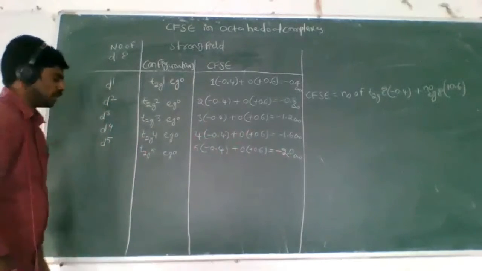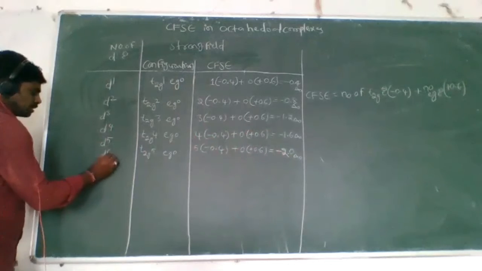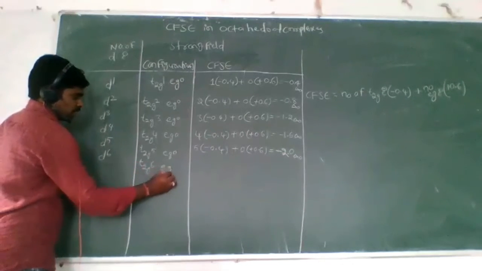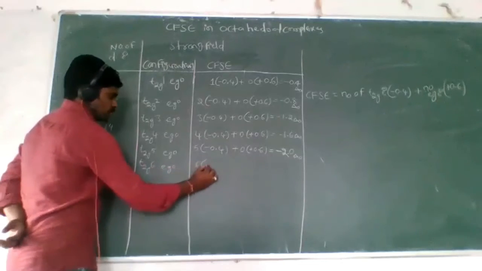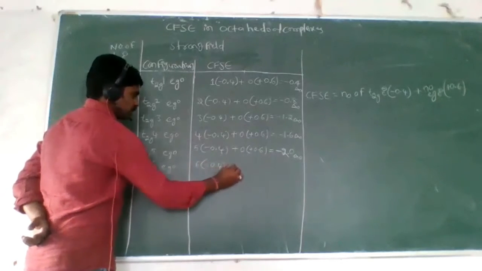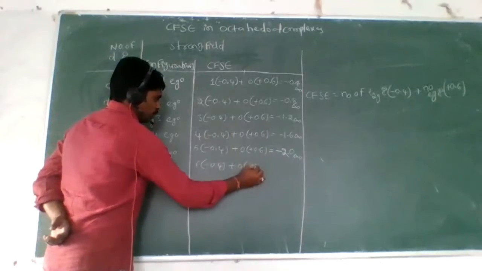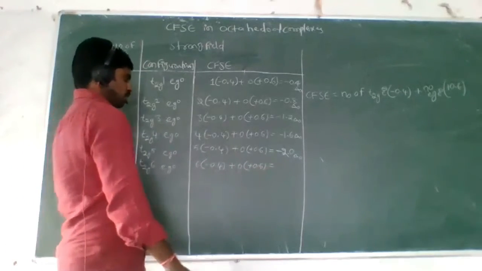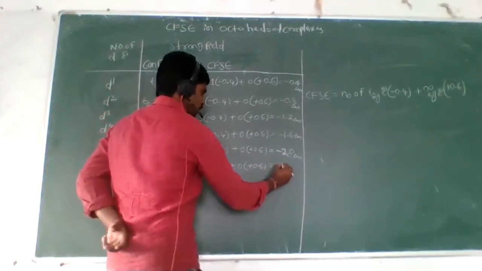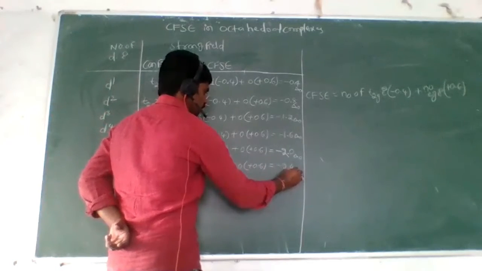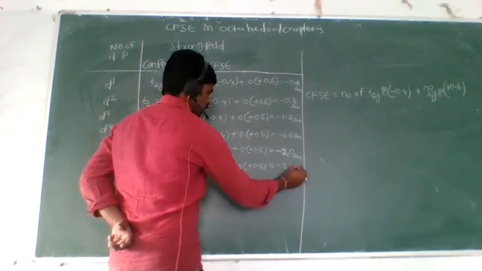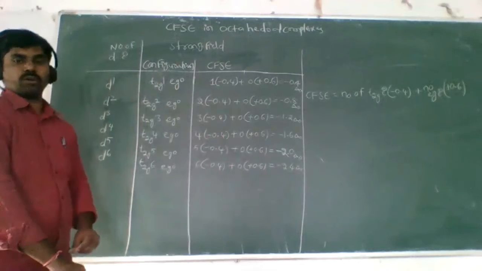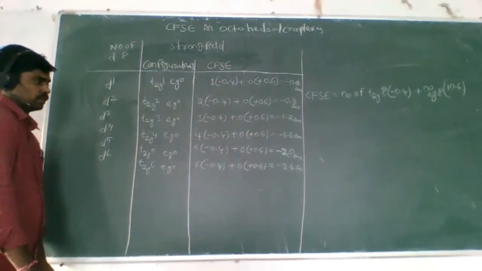Is that clear? Next one, d6: T2g6 EG0, 6 times minus 0.4 plus 0 times 0.6. 6 fours are 24, so minus 2.4 delta naught. Do you understand?